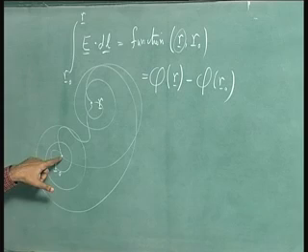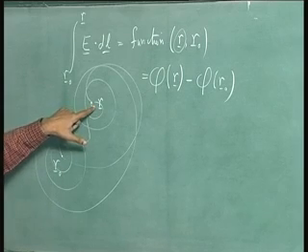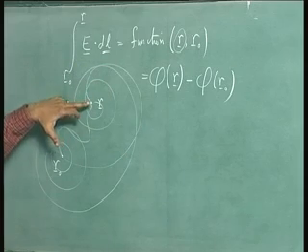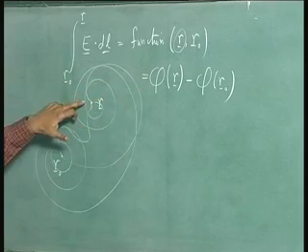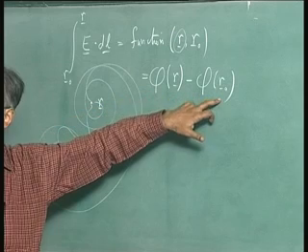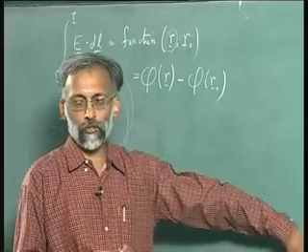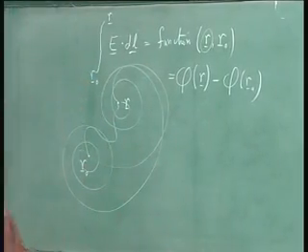When I do an integral from r naught to r, the answer I get is the difference between the value of this potential at r and the value of this potential at r naught. So, we have derived this, and as I told you, it is something very important about electrostatics that you are able to do this.